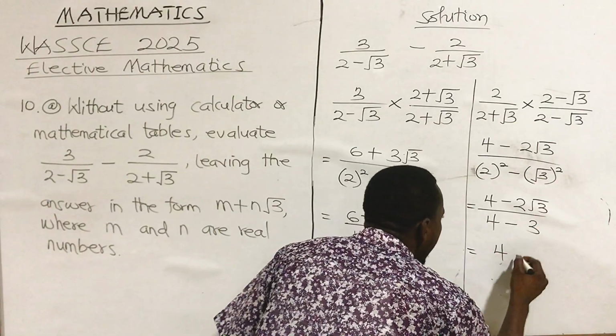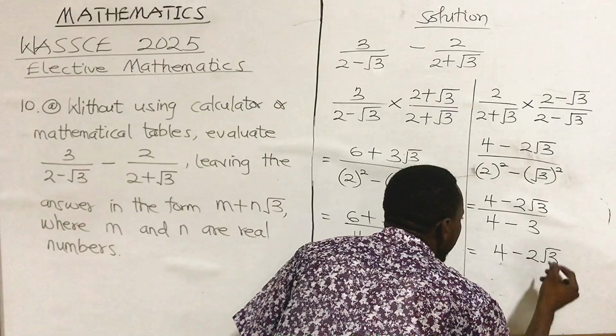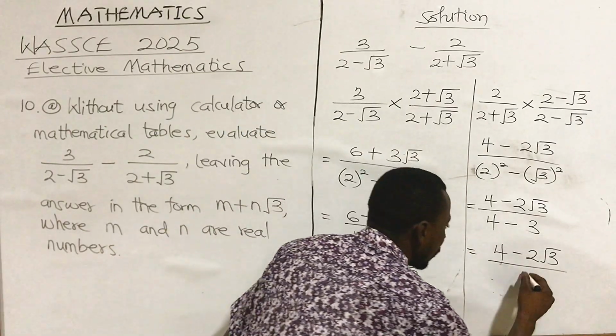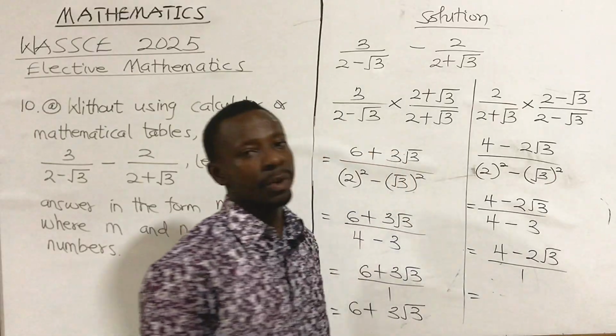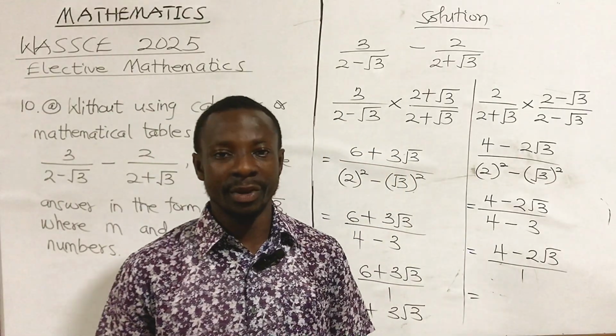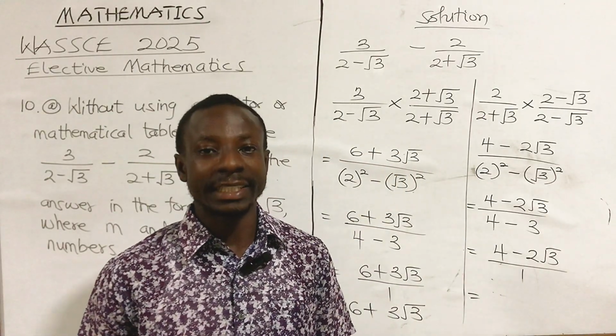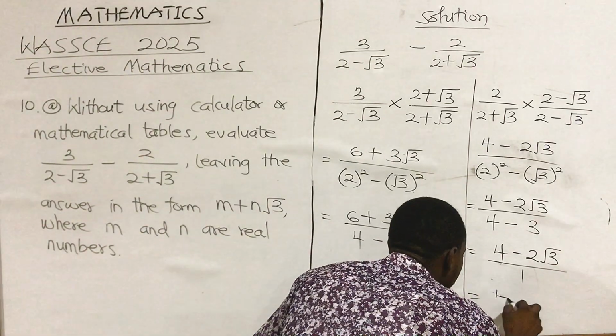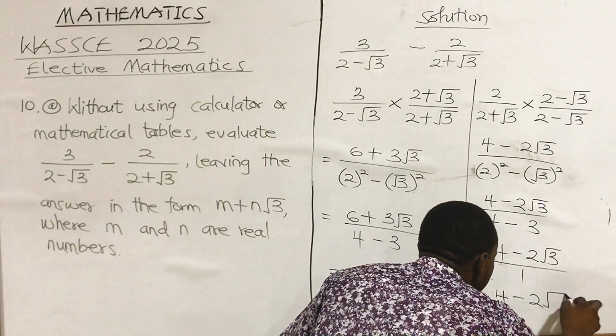So we have 4 minus 2 root 3 all over 4 minus 3, we have 1. And we know that 4 minus 2 root 3 over 1, we are still going to get the same answer, which is 4 minus 2 root 3.